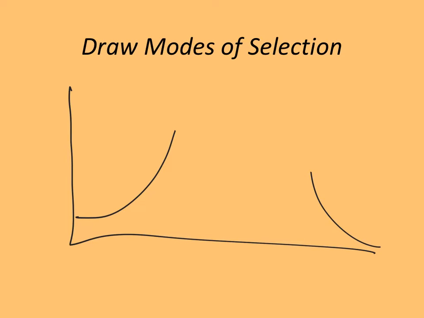And the only leftovers that are actually breeding are these individuals and these individuals. Okay? A little too wide. Okay. So that's called disruptive selection.